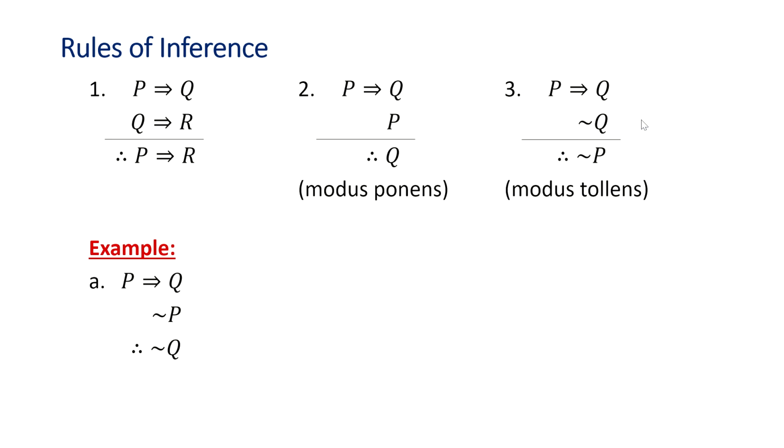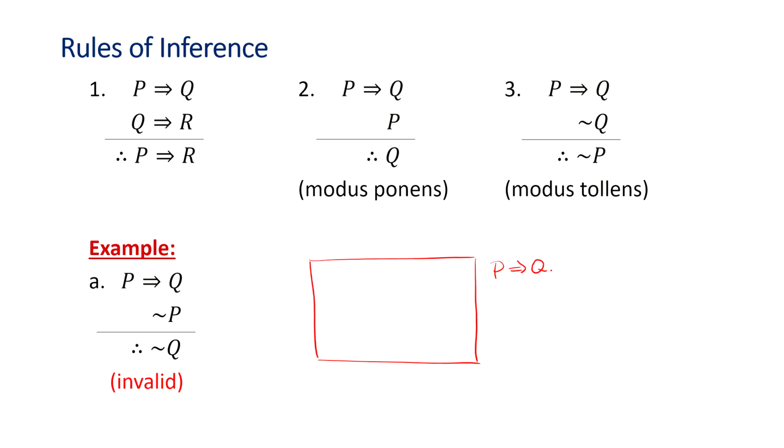It turns out that this is actually an invalid argument. The first time you've seen this, you might be very much doubting it. If you've seen it before, you'd say, oh yeah, I know that. But if you've never seen this before, you'd say, whoa, what just happened? Here's the idea. I'm going to tie this back into sets. If you have if P then Q, which we established, this can be represented as a Venn diagram in the following way.